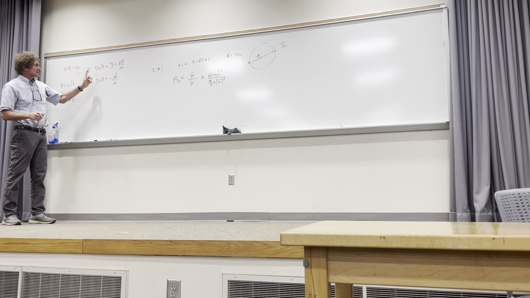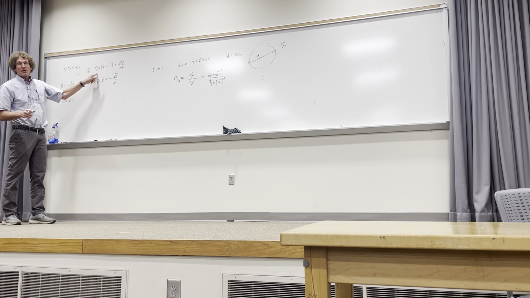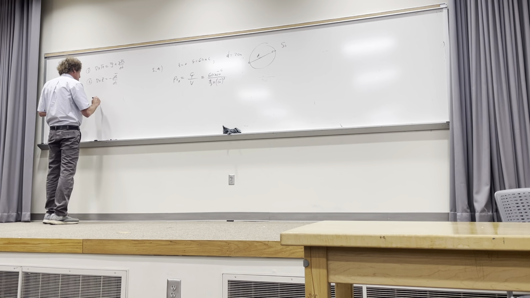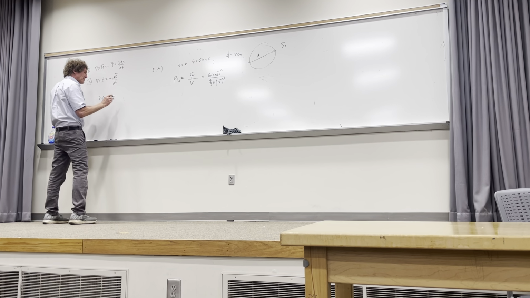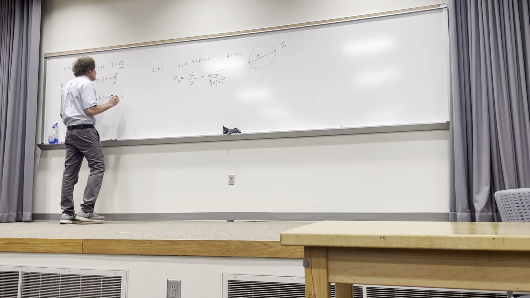So getting back to this, I'm going to start here and take the divergence of the curl. When you take the divergence of the curl of H, by definition it's zero. That's zero.